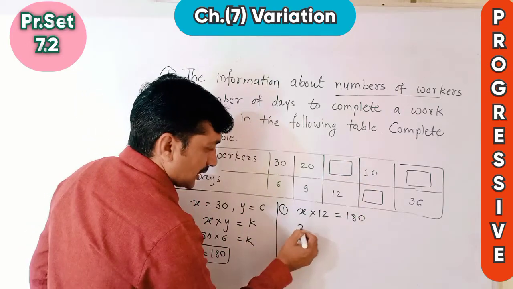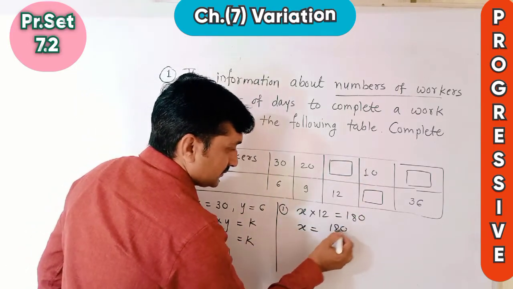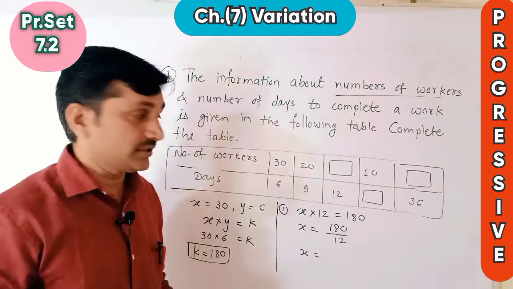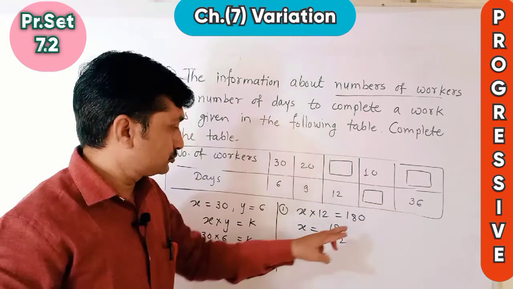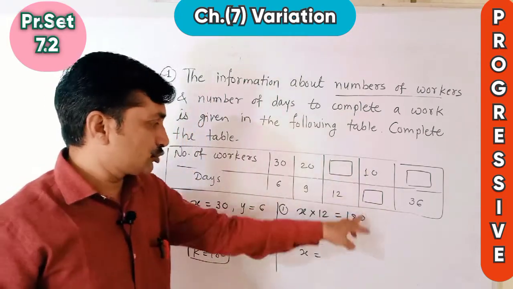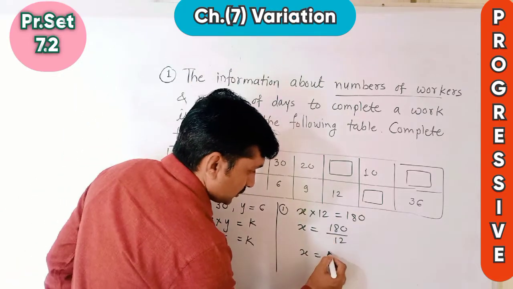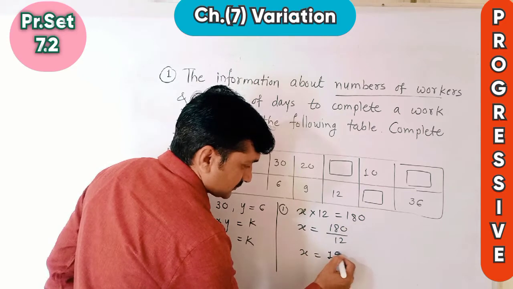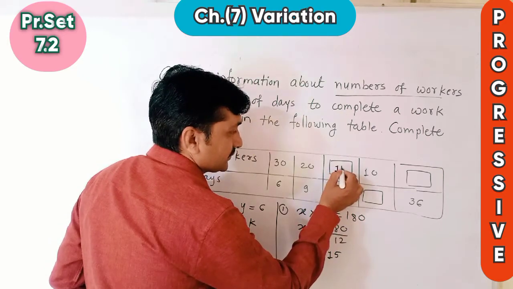Now x is equal to 180 divided by 12. You have to divide 180 by whichever number is given. 12 ones are 12, here 6, 60, 12 5s are 60, therefore x is equal to 15 we get.